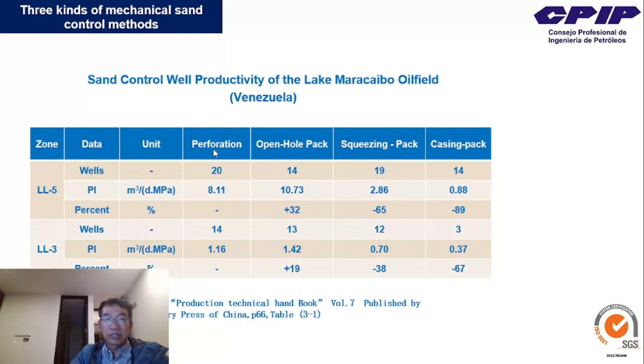For the perforation, they have 20 wells, and open hole they have 14 wells. Screen pack they have 19 wells, and casing pack they have 14 wells. And for the PI, the open hole pack is the best.